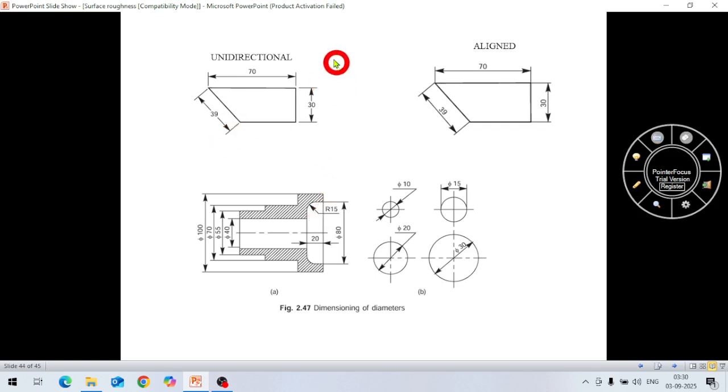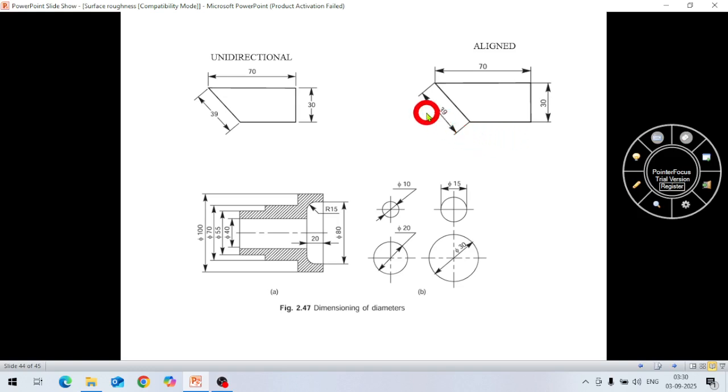If you see, this is unidirectional here. Unidirectional means if you are looking from the bottom, you are looking at all the text in the vertical position, this 30, this 70, this 39, meaning you can look at all the texts from the same direction. So this is unidirectional.